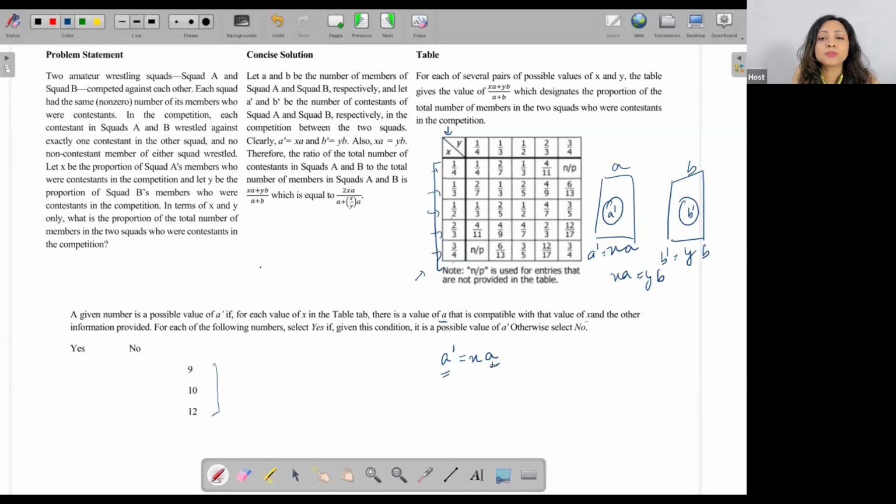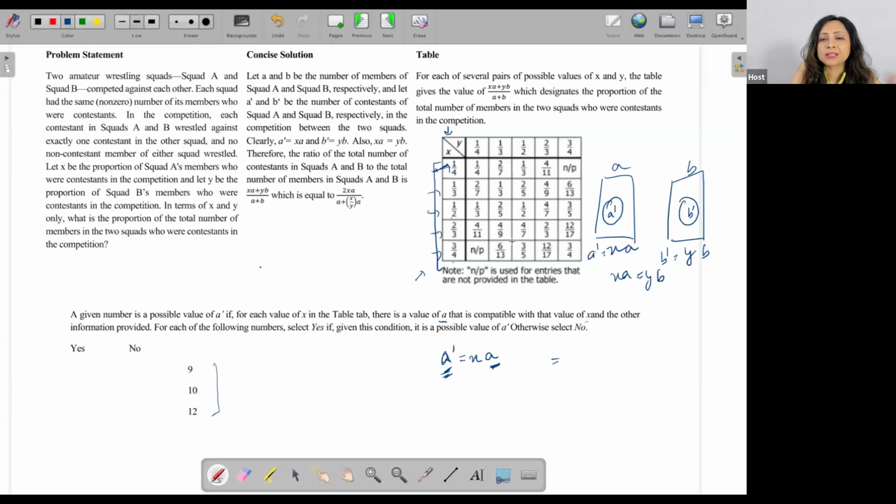Basically, for each of these values of X, there should be a possible value of A. And if it works in this particular equation, then that value is a possible value of A dash. Like, for example, forget the given value. What are they talking about? Essentially, we'll look at that.